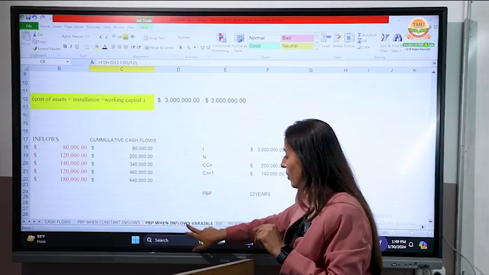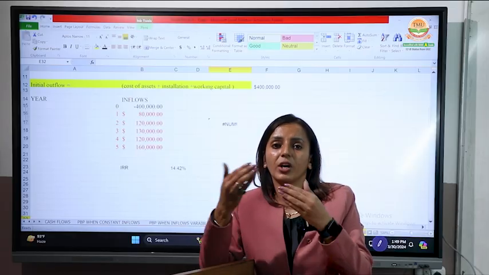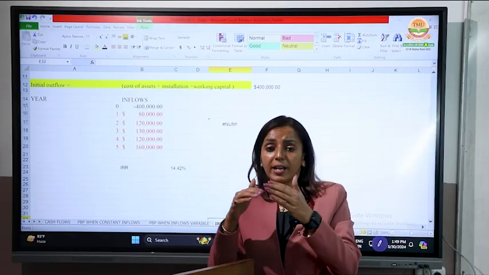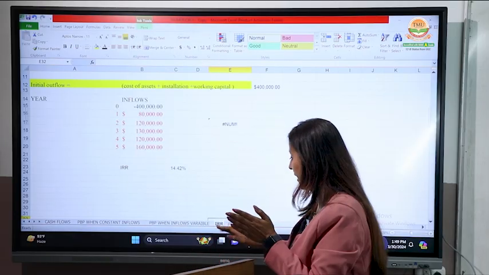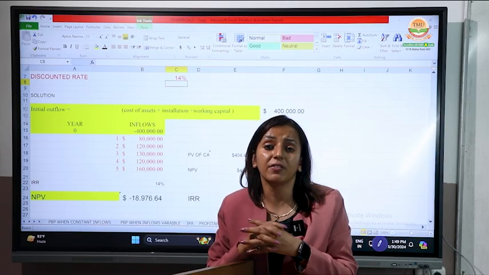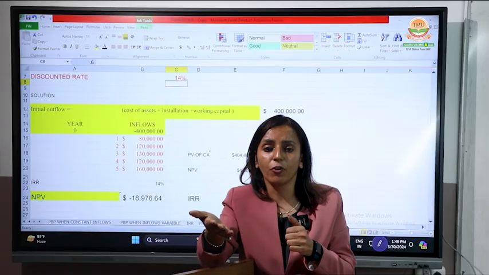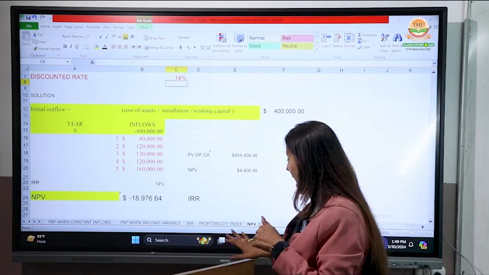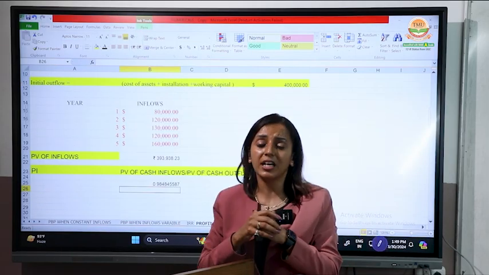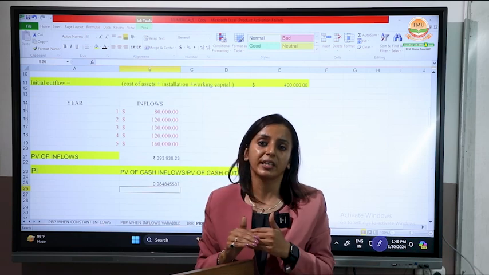The third practical was calculating the internal rate of return. Next, we did NPV, the net present value, the impact of inflows and outflows. And then we did the profitability index, the inflow divided by the outflow.